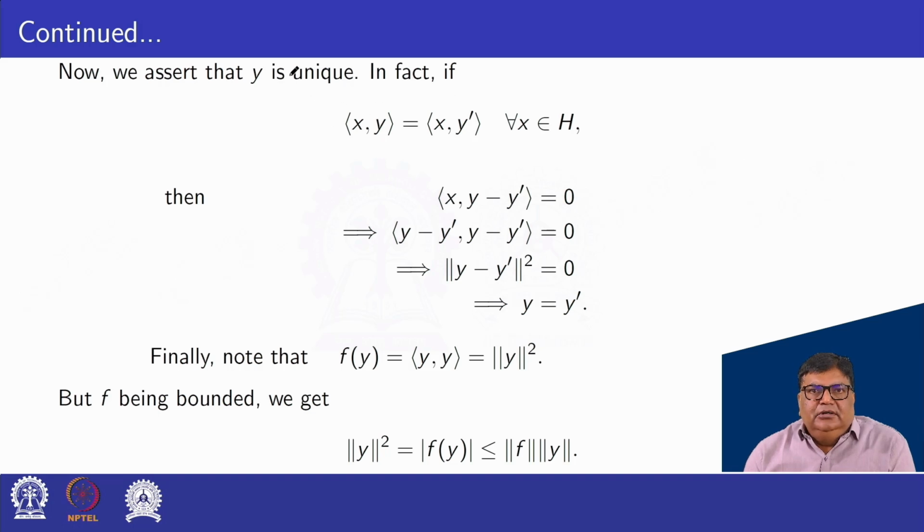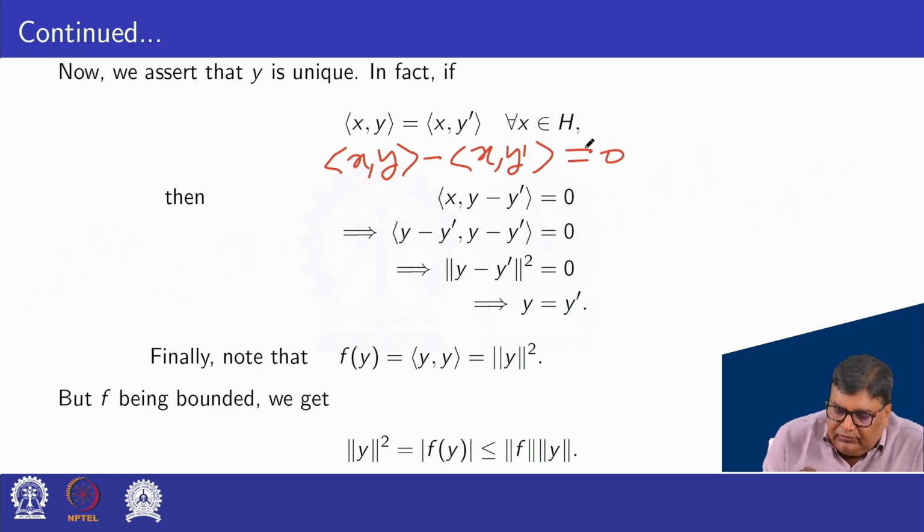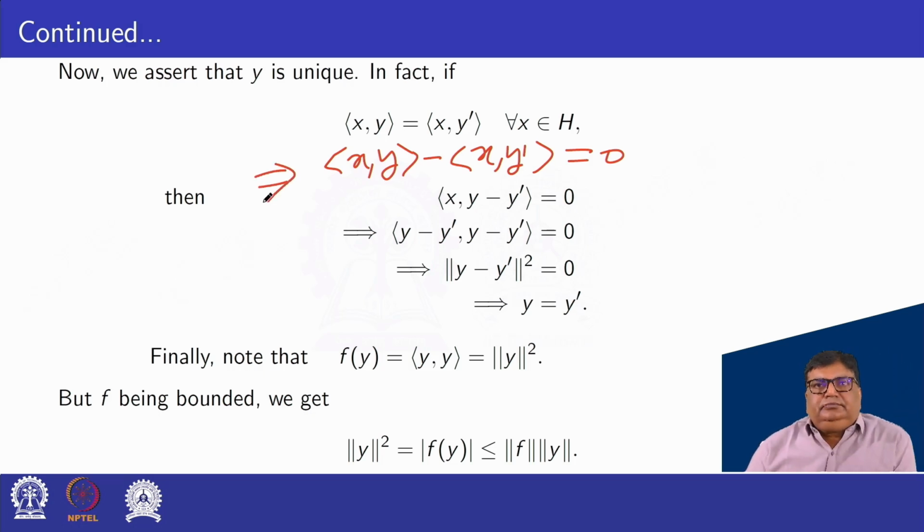Now we prove that y is unique. In fact, suppose y is defined such that inner product of x, y equals inner product of x, y dash. Then inner product of x, y minus inner product of x, y dash equals 0. By the property of inner product, this can be written as inner product of x and y minus y dash is equal to 0.